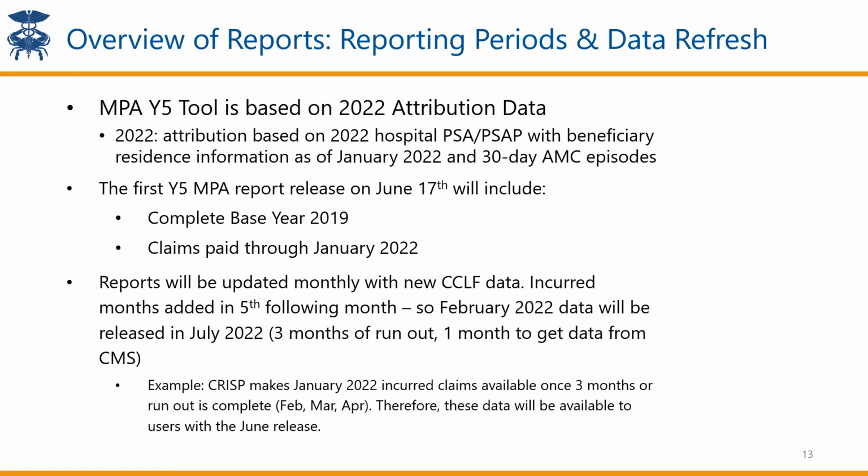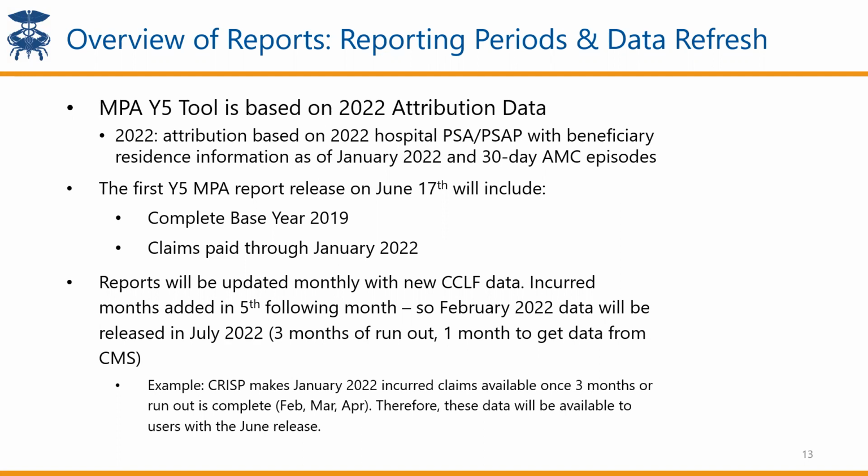So how the reports get updated with data, we refresh our reports monthly with new CCLF claims. Incurred months will be added on the 5th month. So for example, February 22 data will be released next month because that includes 3 months of run out plus 1 month for us to get the data from CMS.